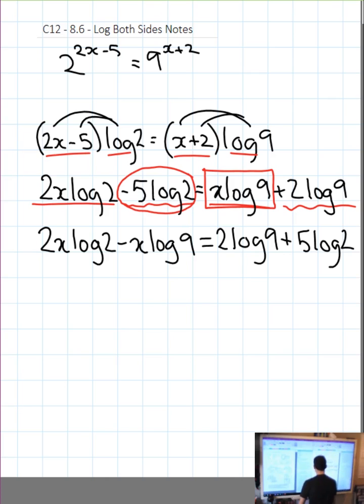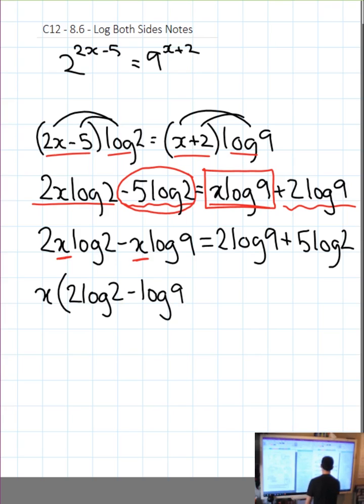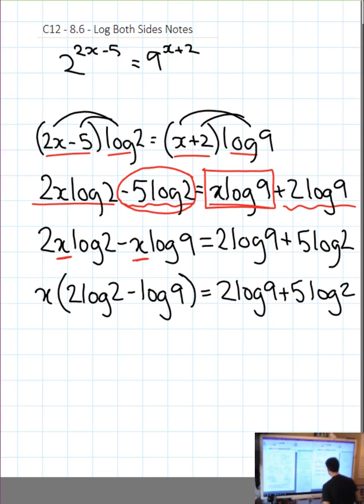Now I need to factor out an x. So we have x open bracket. If I take this x out, I'm left with whatever I'm left with: 2 log 2 minus log 9 equals the right-hand side. And as I've done before, I'm simply going to divide both sides by exactly this thing. And I'm just going to write down where it shows up.